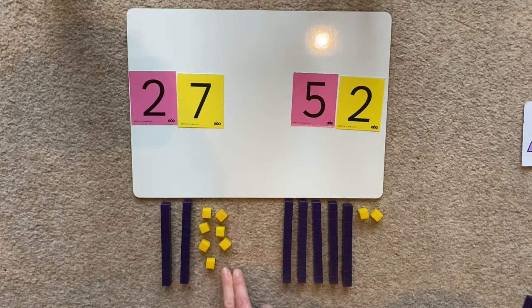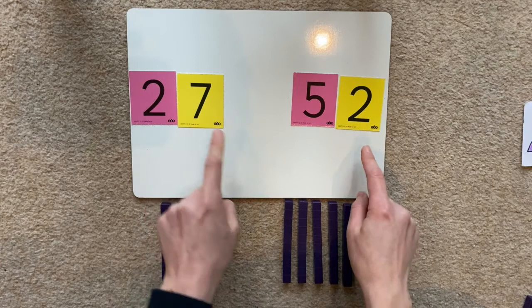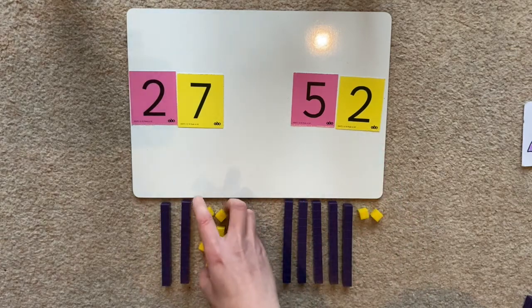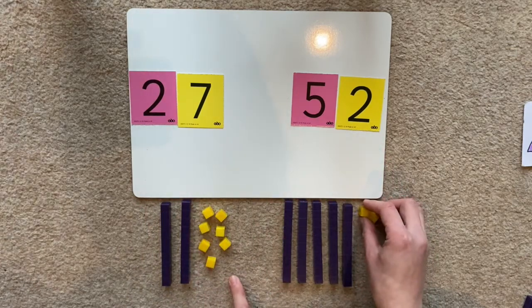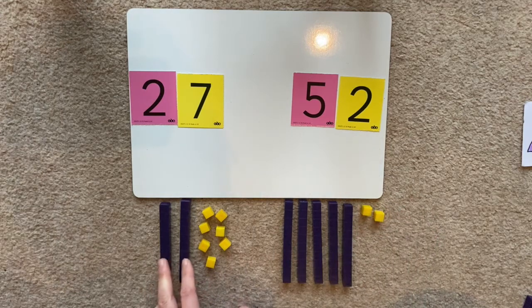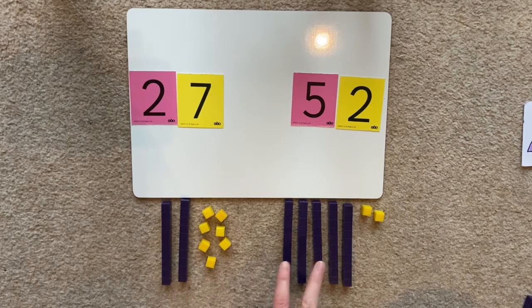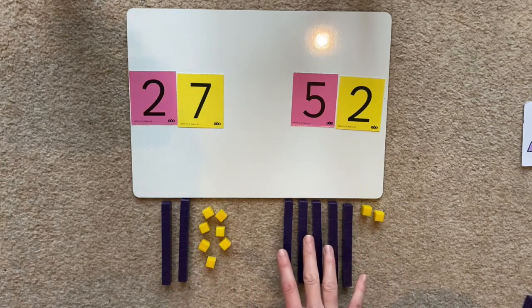It's not the greater number. Even though the 7 here is bigger than the 2, we have to look at the tens. 27 only has 2 tens, but 52 has 5 tens.